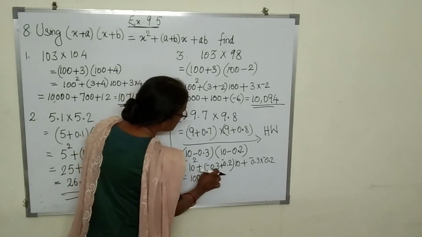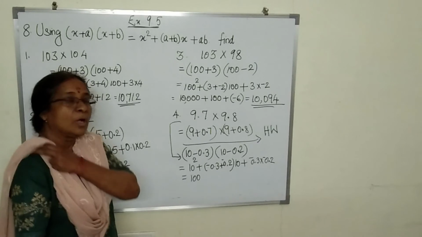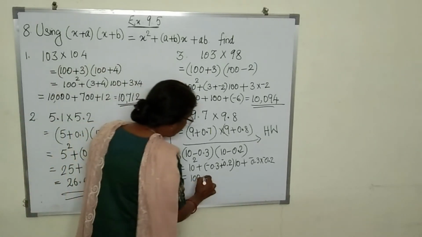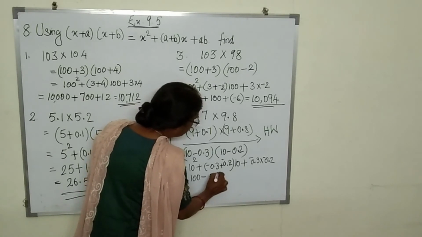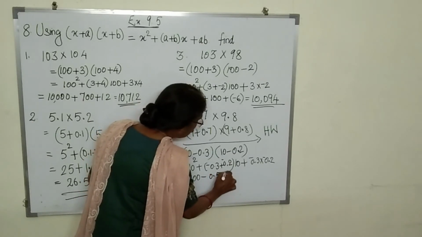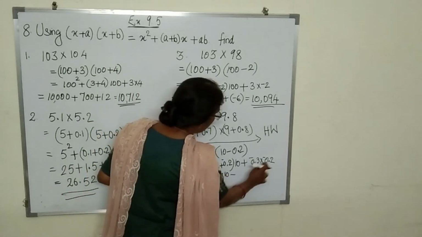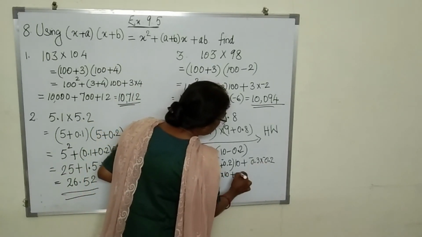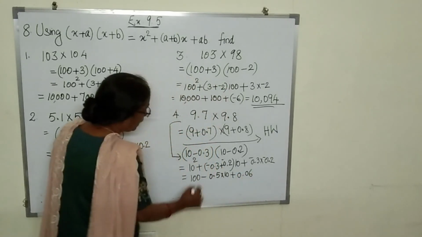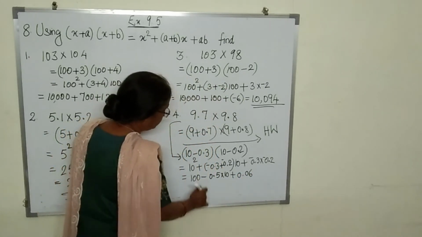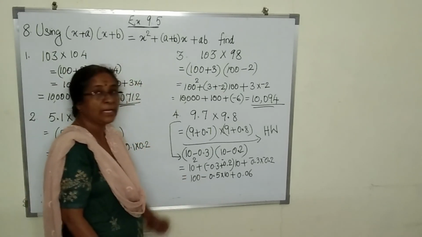Here minus 0.3 plus minus 0.2, that will be minus 0.5 into 10. And here minus into minus plus, 3 2s are 6, 0.06. So this will be 100 minus 0.5 into 10 will be 5.